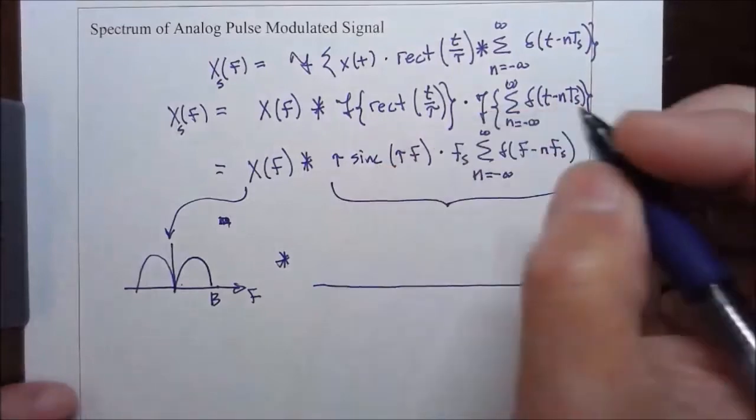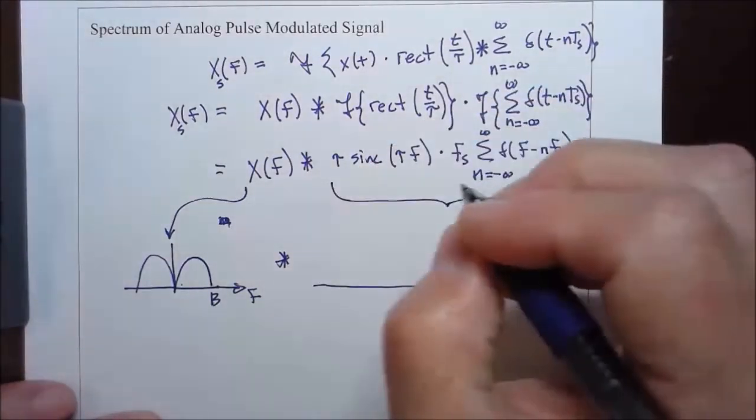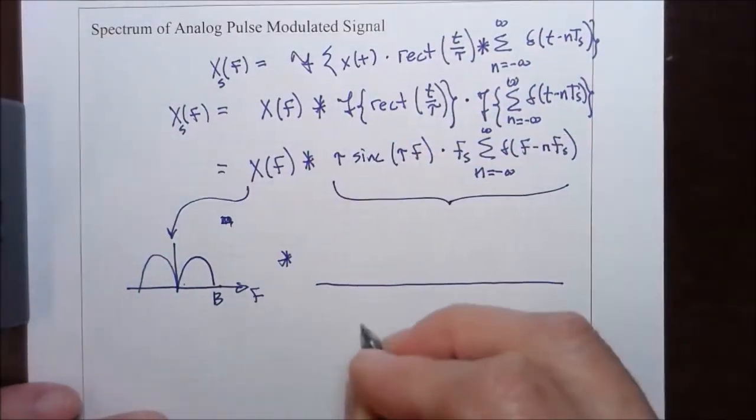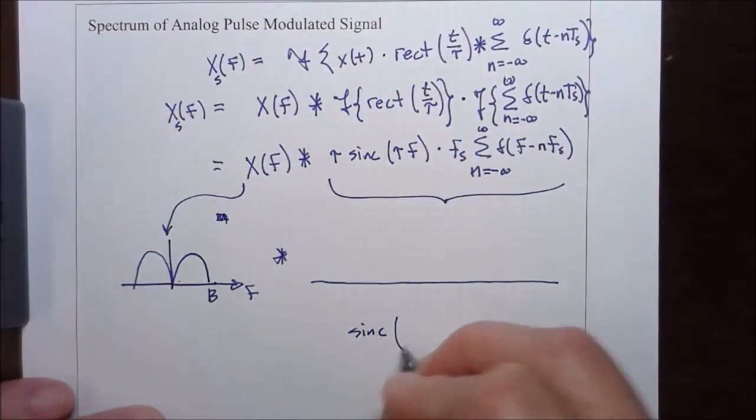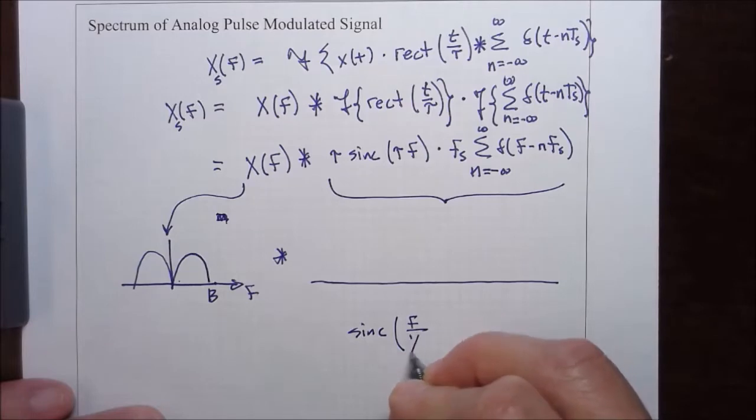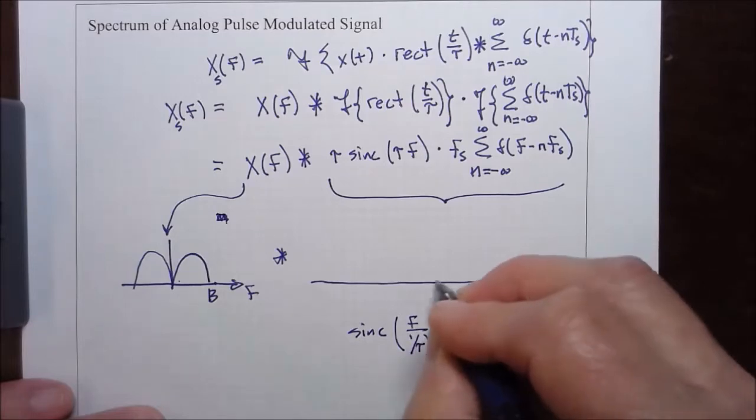Let me sketch out this sinc function, which is going to be a sinc of f divided by 1 over tau.